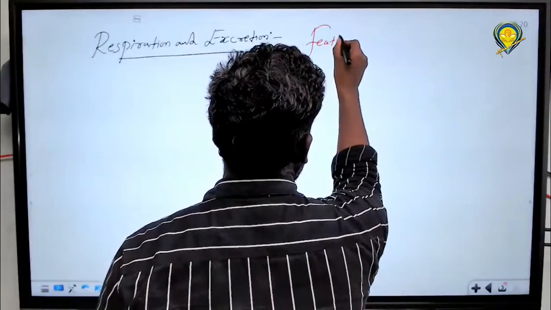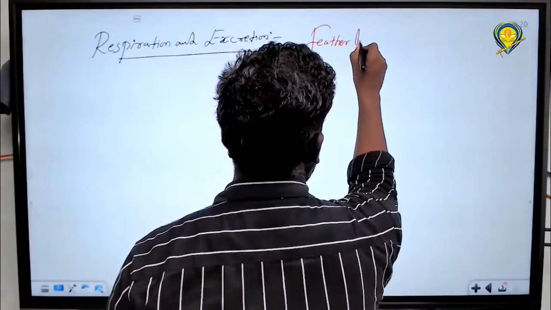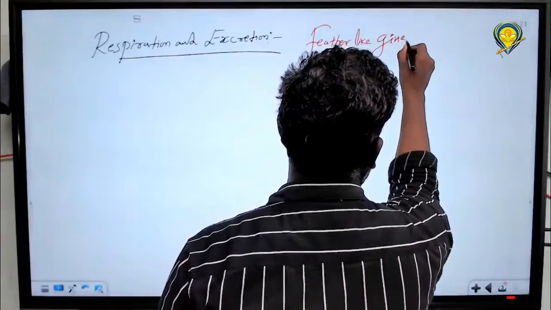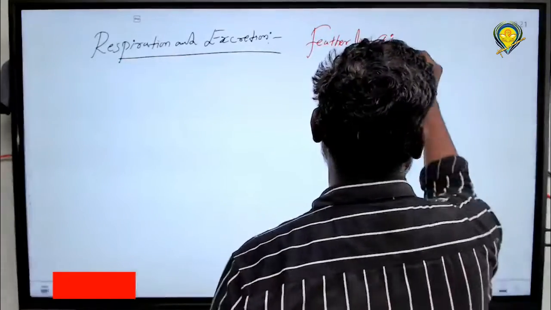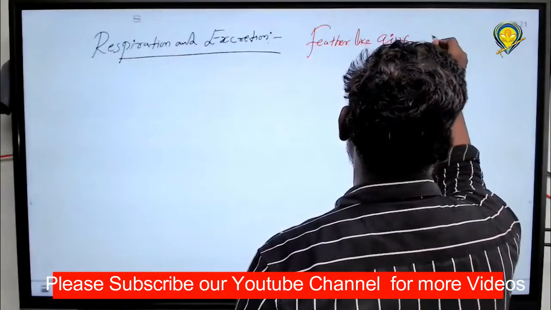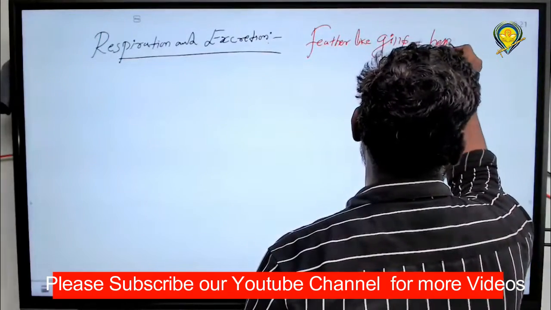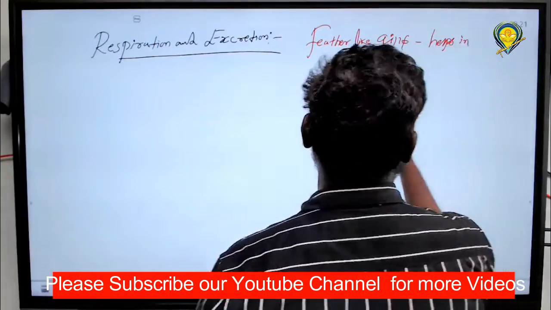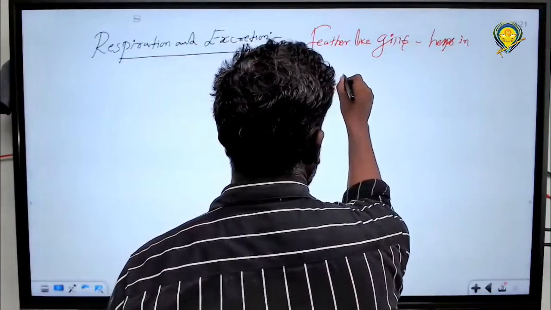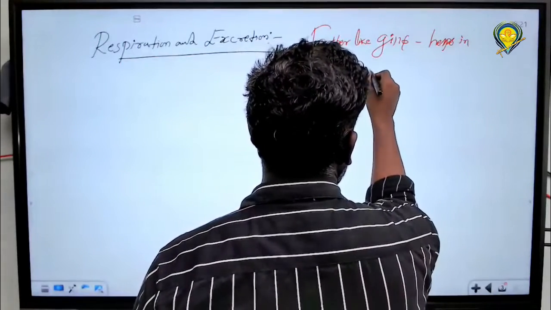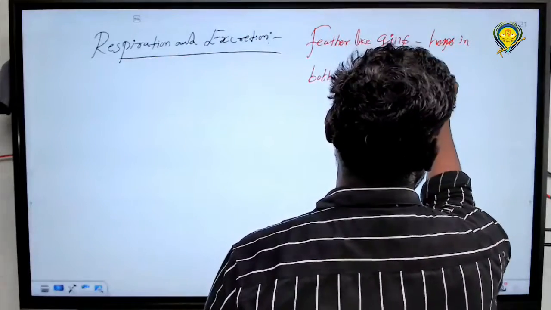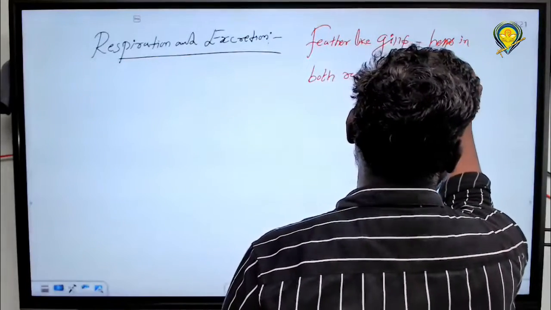Feather-like gills help in both respiration and excretion.